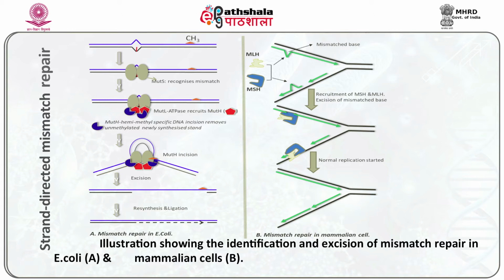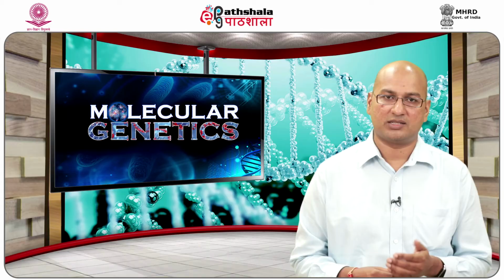MSH and MLH bind to mismatched bases and directly excise and create a break in the DNA strand. In the leading strand, the break is present at the growing end, and in the lagging strand, the nick is present at the end of an Okazaki fragment, which is later filled by DNA polymerases.